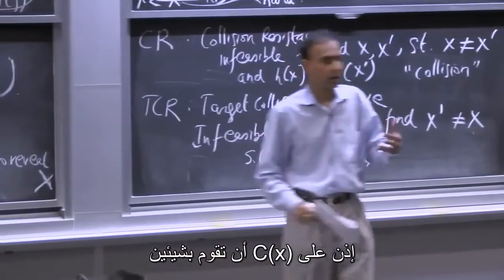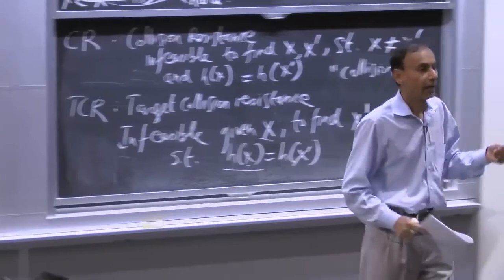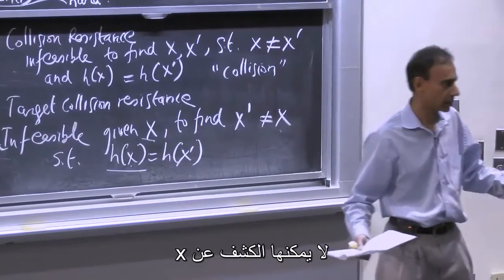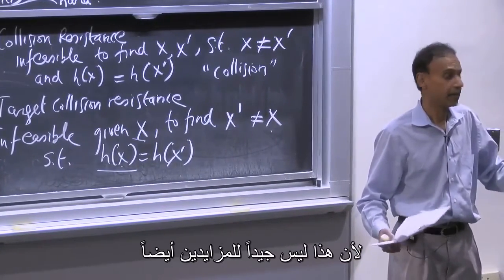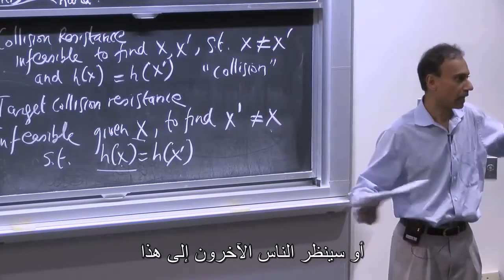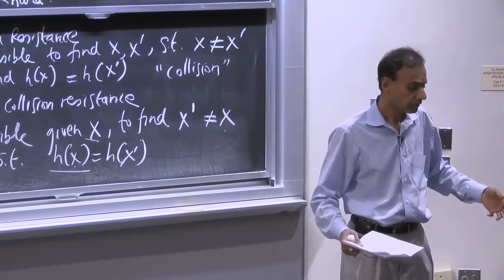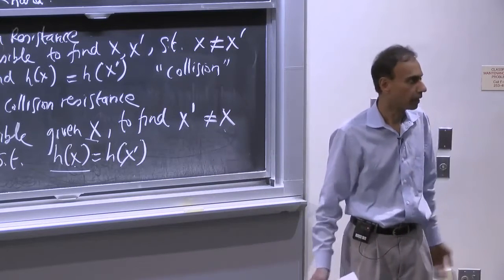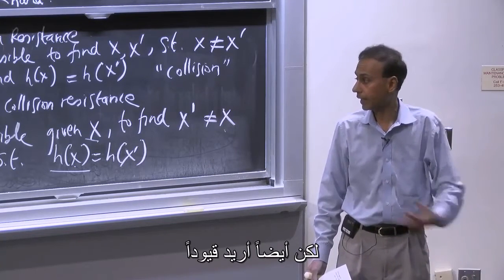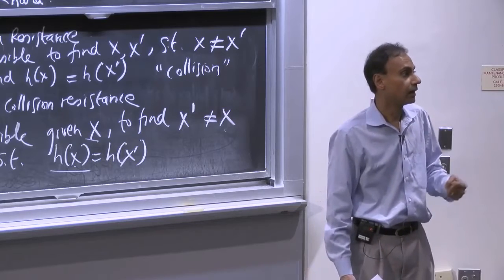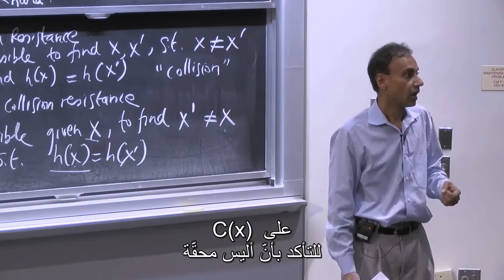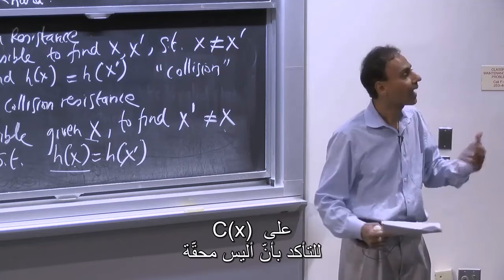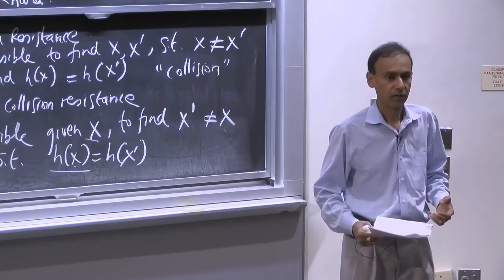So C of X is going to have to do two things. It can't reveal X, because then even maybe the auctioneer is bad, or other people are looking at this, and you can just assume that the C of X's are all public. But I also need a constraint that's associated with C of X that corresponds to making sure Alice is honest, correct?